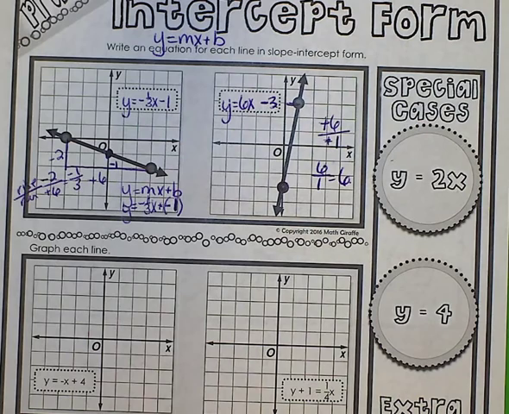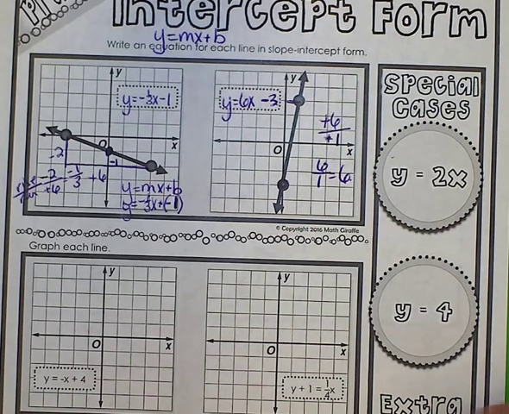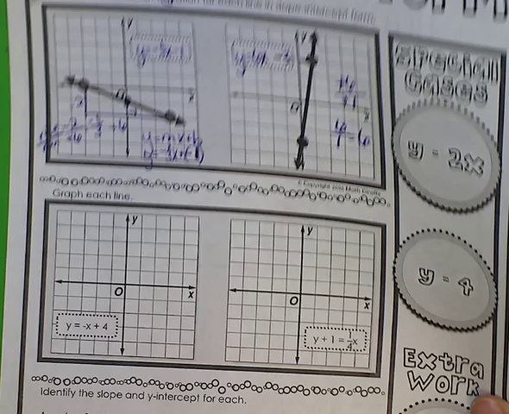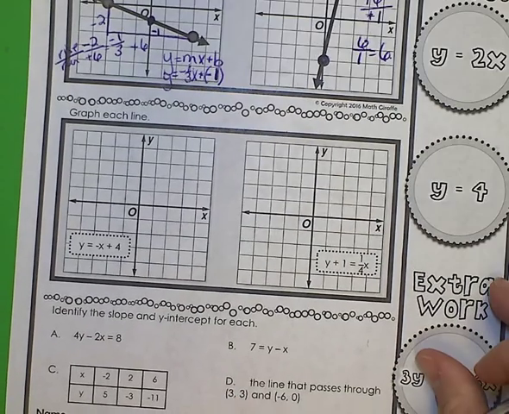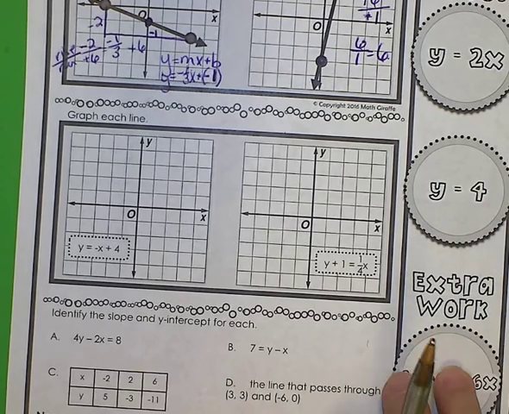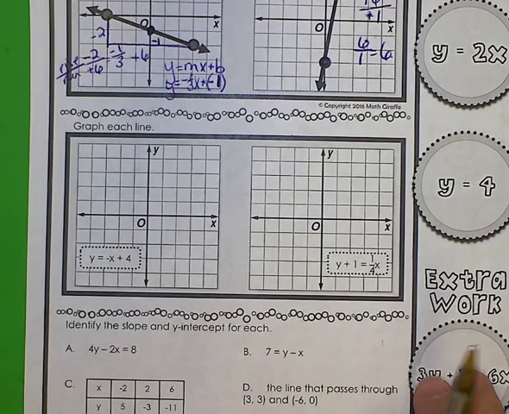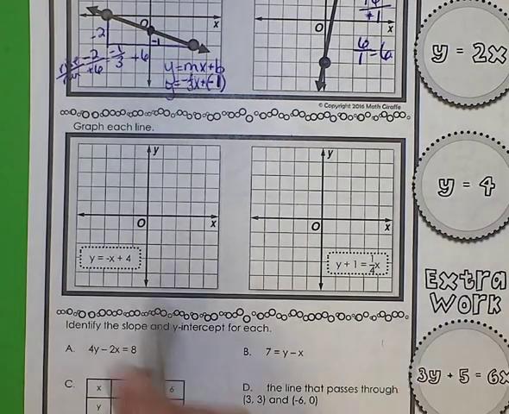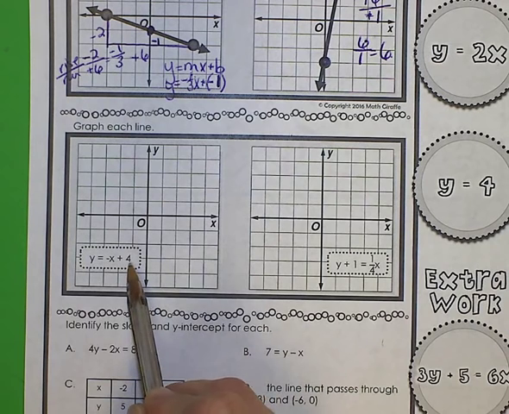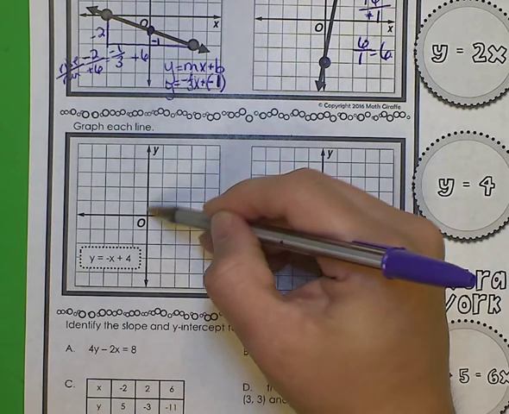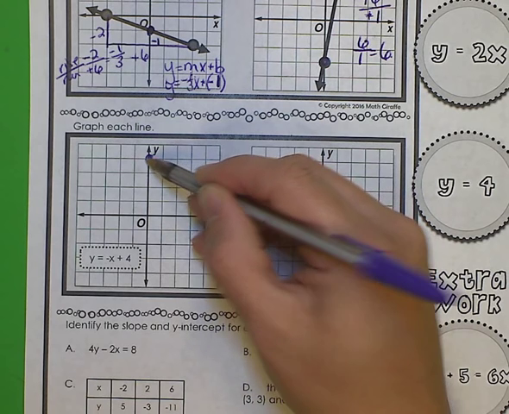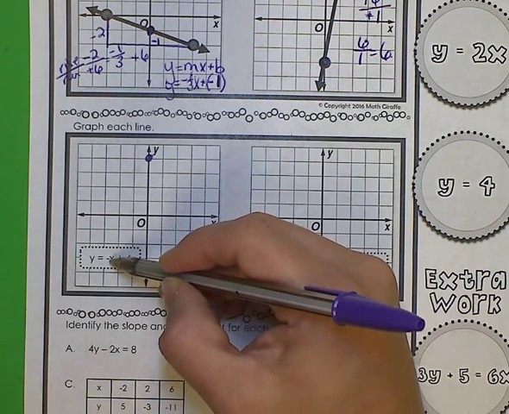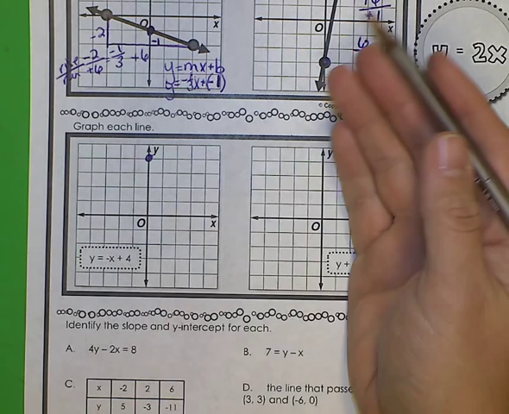Okay? Alright, and moving on down, now they're giving you the equation and they want you to graph the literal line. There's no need in setting up your chart here and plugging in numbers to figure out what's going on, because now we know where our line is starting. We know it's going to start at a +4. 1, 2, 3, 4. So here we are at 4. And then we know that what number comes in front of x, if it's not seen, that's going to be a 1.